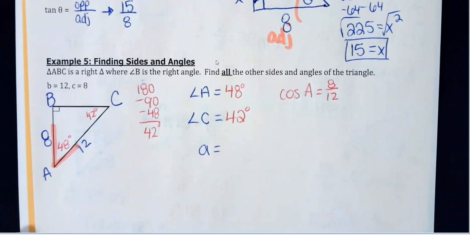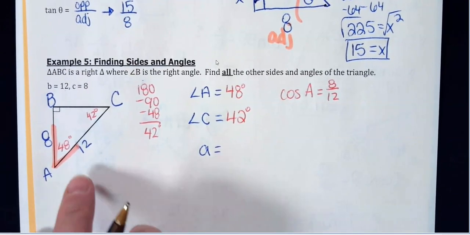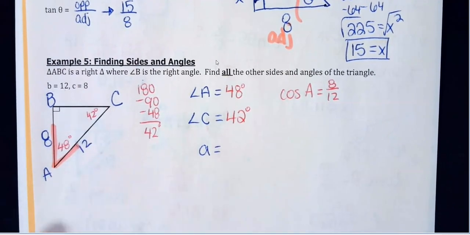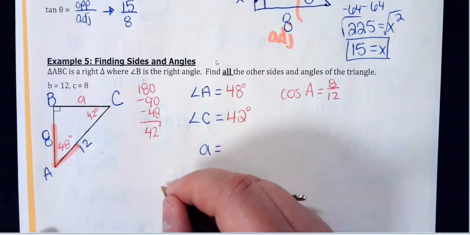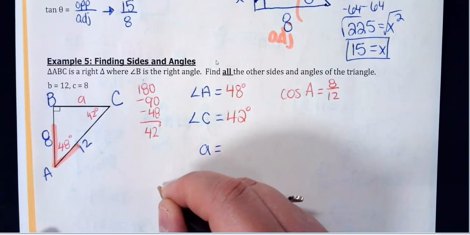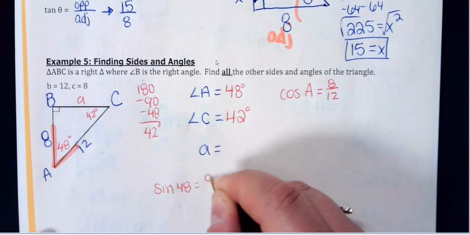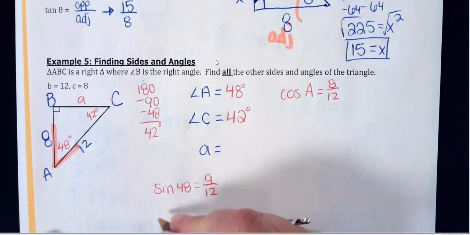Now, to get side A, I've got several options. I can use the numbers in the problem. Once I found those angles, we could do trig. So A would be here. I could do sine of 48 equals A over 12 would be an option.